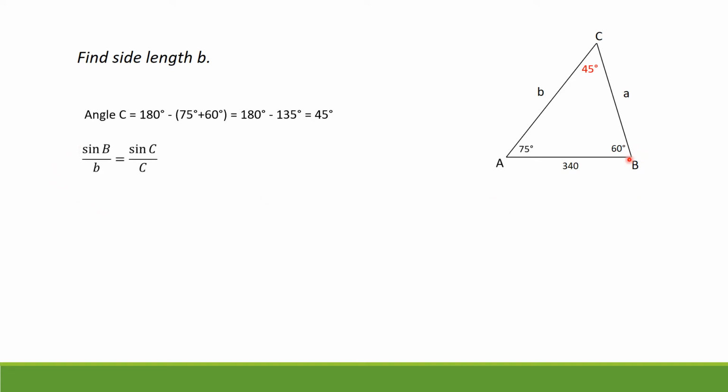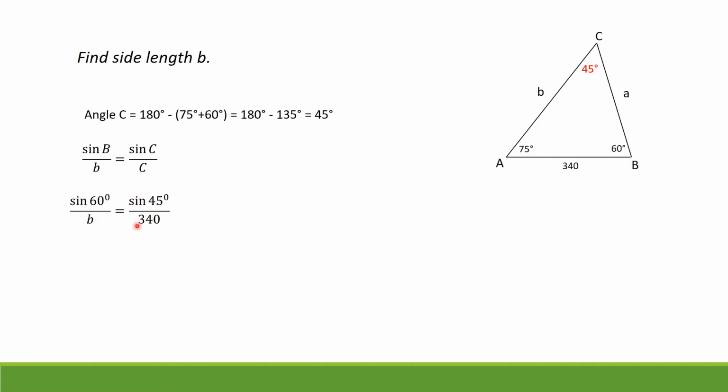We know angle B, we know angle C, and we know the corresponding side for C. So sine of B over little b equals the sine of big C over little c. And we just start plugging in the information. So we have the sine of 60 over b equals the sine of 45 over 340.